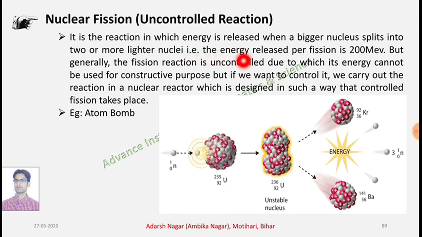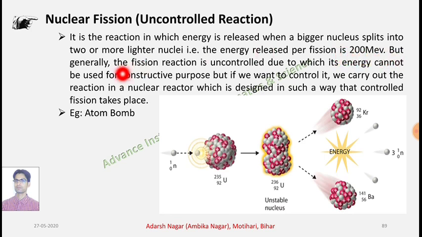The energy released per fission is 200 megavolt per fission. In each breakdown of a heavy nucleus, about 200 megavolt of energy is released.